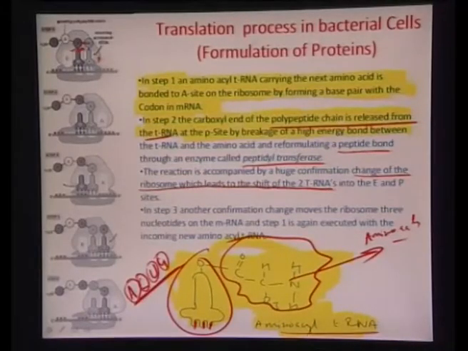leading to shift of the two tRNAs into the E and P sites respectively. So what happens is that this is the E site, this is the P site, and this is the A site, right? So there is a conformational change suddenly because of this bond breakage here and this bond formation here. There is a sudden change which leads this upper jaw, as you are seeing, to move 1 unit to the right.